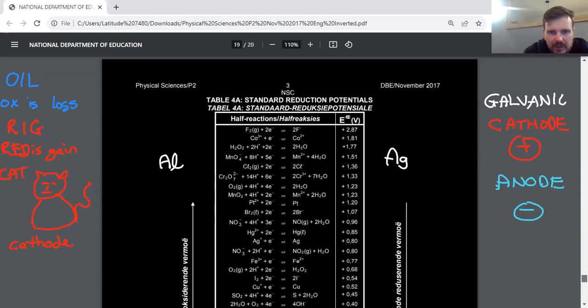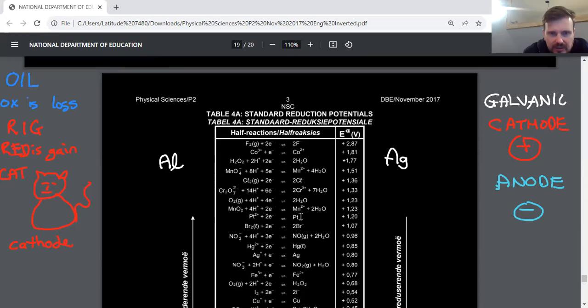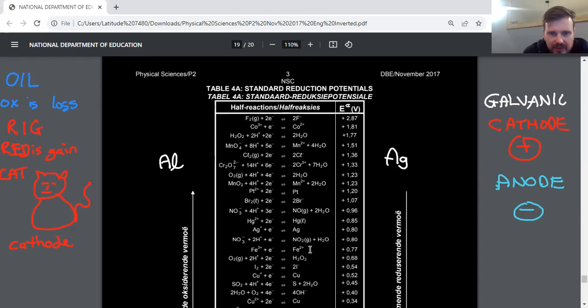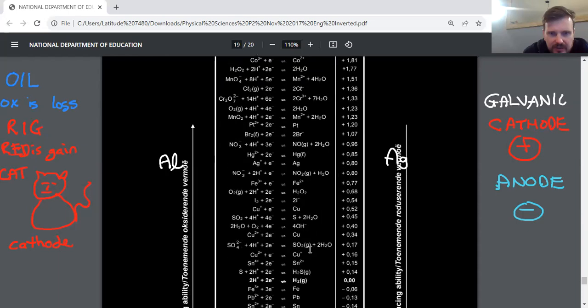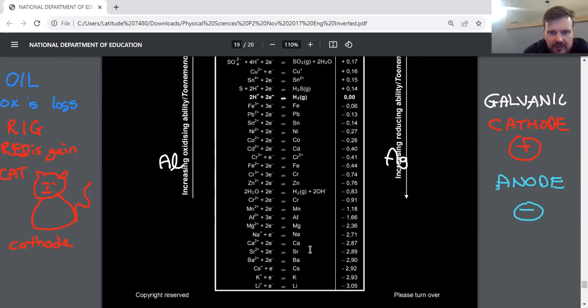So we see aluminium and silver. Ag is here. And aluminium is probably lower, down here. So what do we know about the thing that's close to lithium?